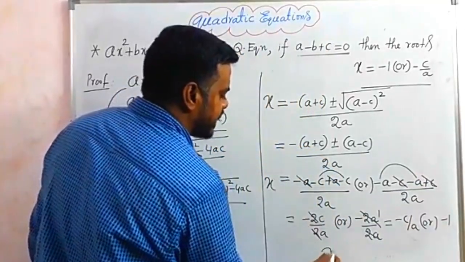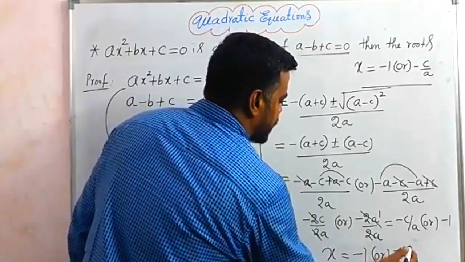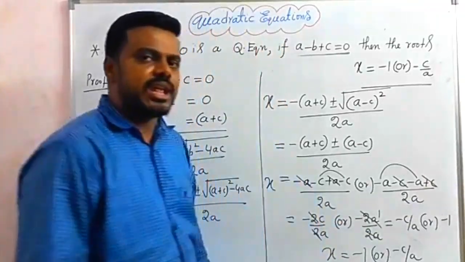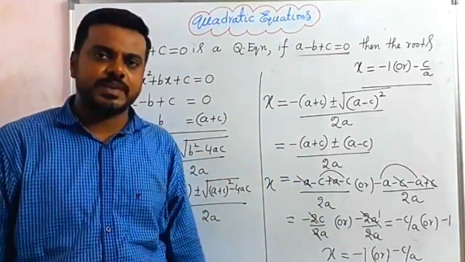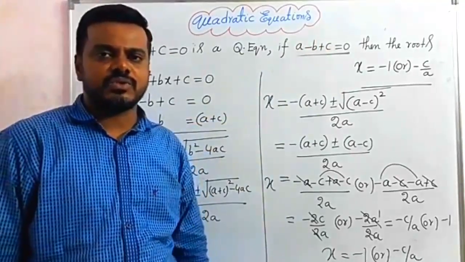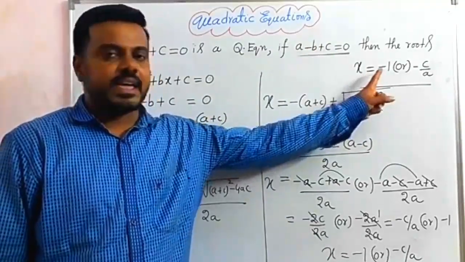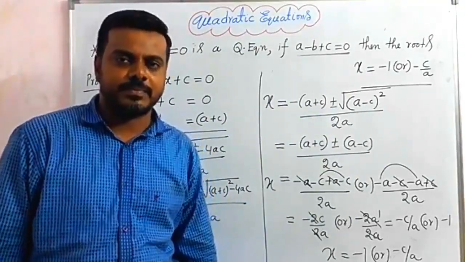So we can write x is equal to minus 1 or minus c by a. So here also we can observe, in any quadratic equation ax square plus bx plus c is equal to 0, if a minus b plus c is equal to 0, then the roots are x is equal to minus 1 or minus c by a.